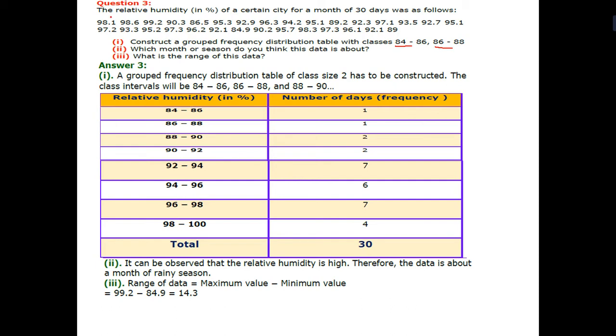Afterward again we have to see the 98.1 where it is. So 98.1, so it is at here, so we have to write 1. 98.6, again 98.6, 99.2, 99.2.